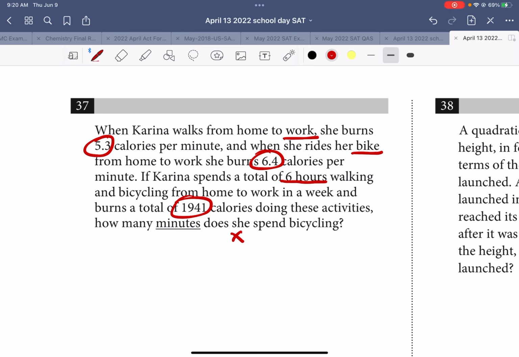So you can set it up this way. Total calories she burned, 1941, is going to be equal to the calories by walking, 5.3, and by bicycling, 6.4. So you can say 6.4x, which is the calories burned by bicycling.